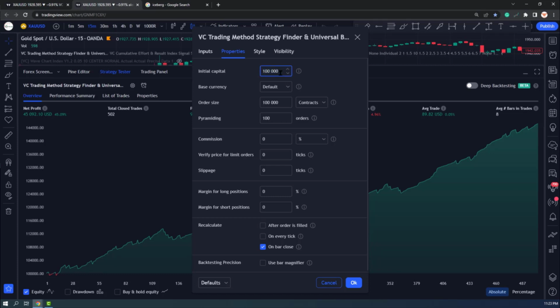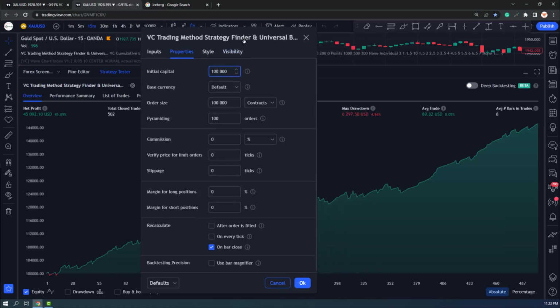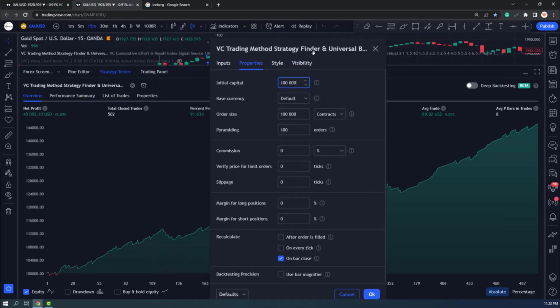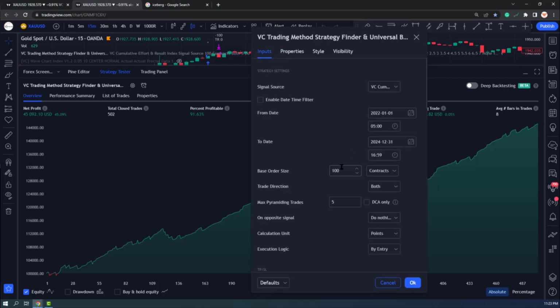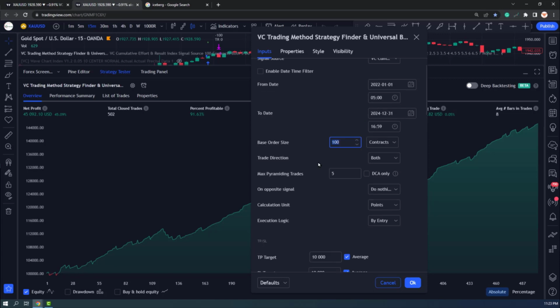So you can consider it 1,000, or you can consider it without leverage as well. These are the inputs of the back test. The base order size is the standard lot. It's based on one standard lot.